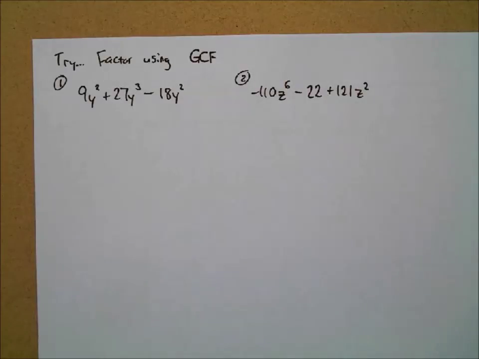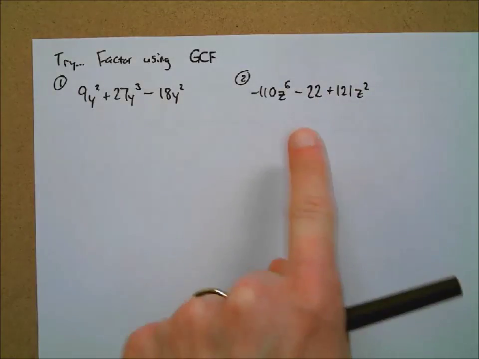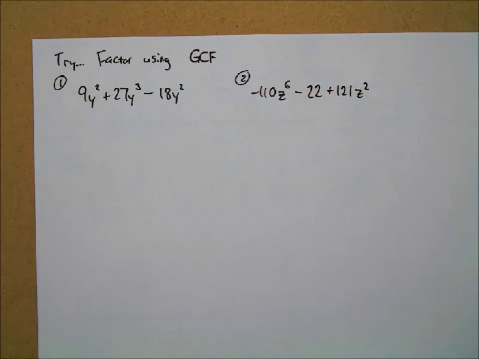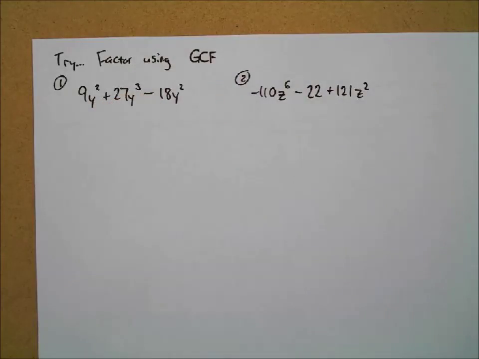Now again, for any of these factors to be common factors, they must divide all 3 terms in number 1, and in number 2, any common factor must divide all 3 terms in number 2 there. Okay? So make sure that you're not just looking between any 2 sets of numbers. The common factor must divide all 3 of the terms in these cases. All right? And again, don't feel like you need to do it all at once.